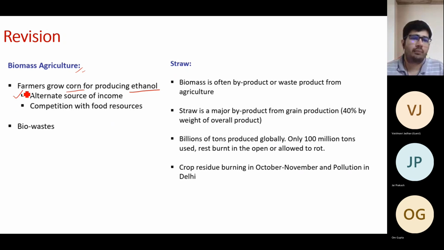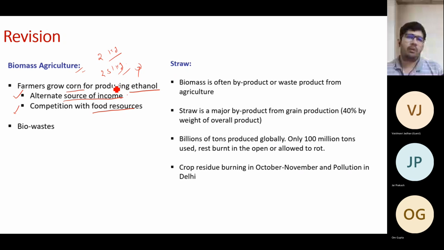So it's an alternate source of income. Suppose if they sell the corn as a food resource, maybe they get 2 rupees per kg. But ethanol is more in demand, and ethanol can be mixed with petrol and diesel, so maybe that will give them 2.5 rupees per kg. That's why they get more incentive in growing corn for ethanol.